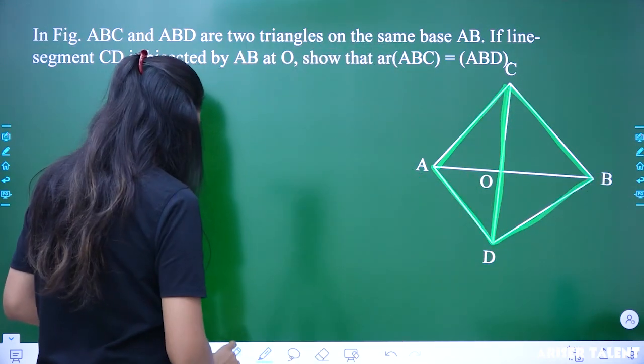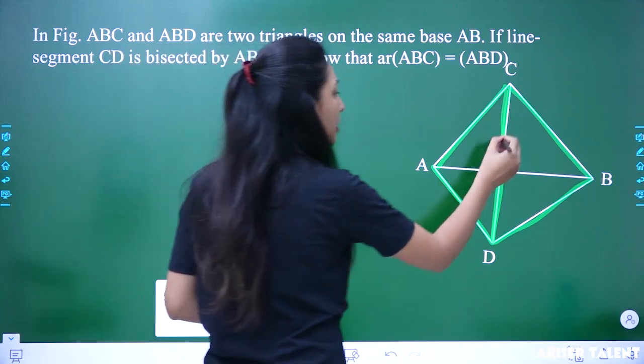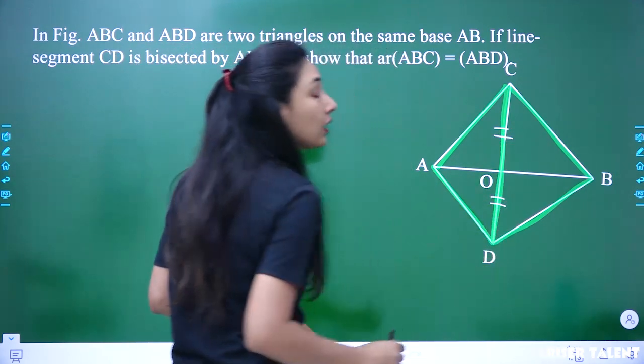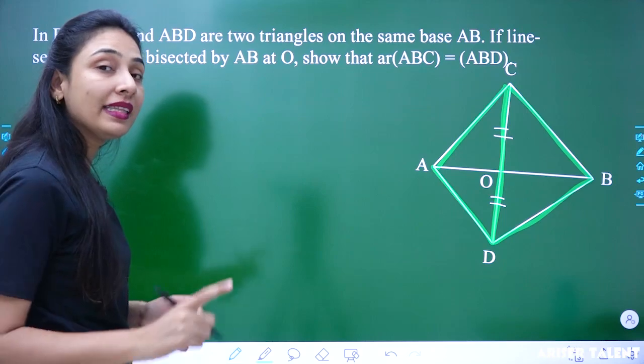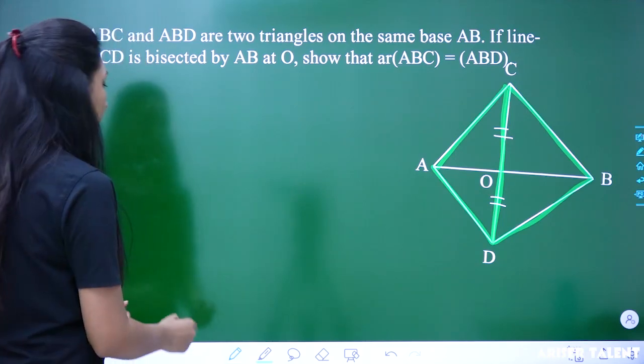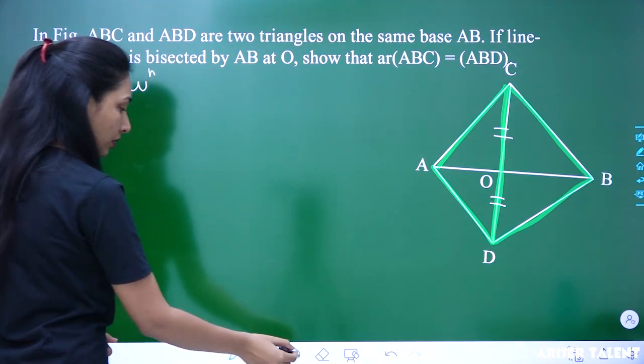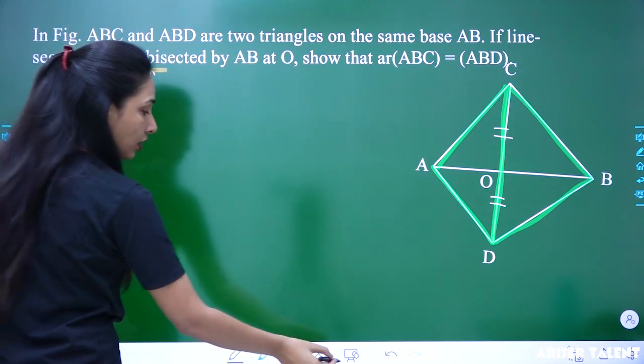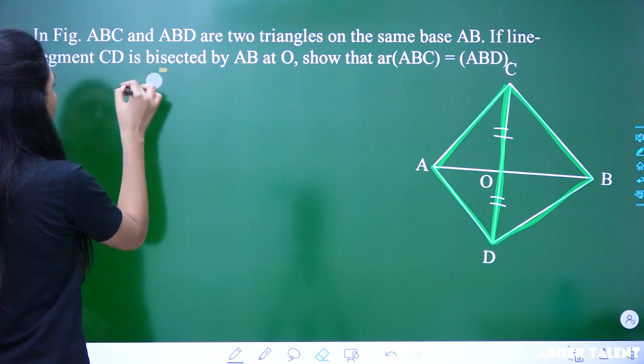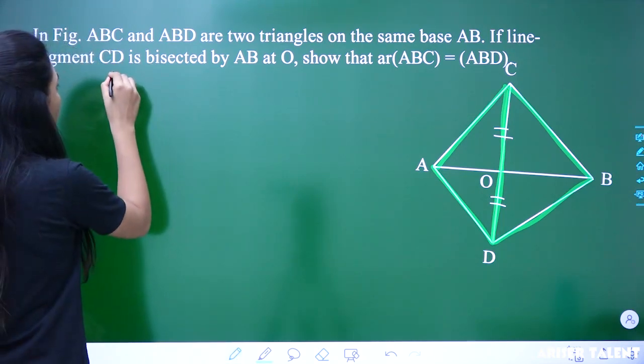And meanwhile we are provided with the information that these two are equal. So we are going to apply the median concept. Or else we can say that proof we are having.